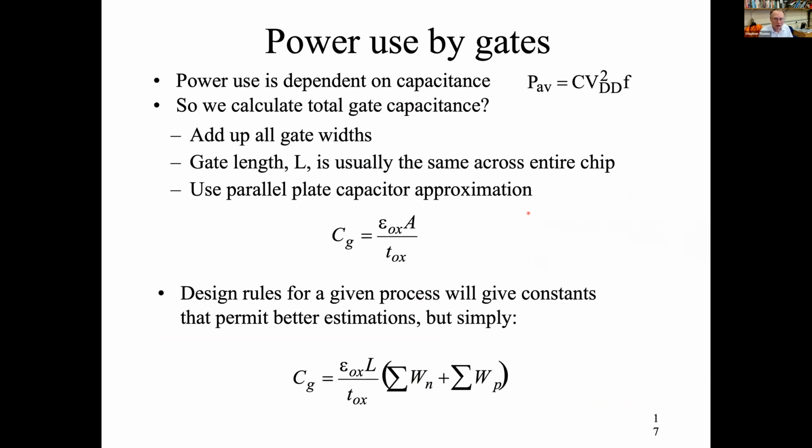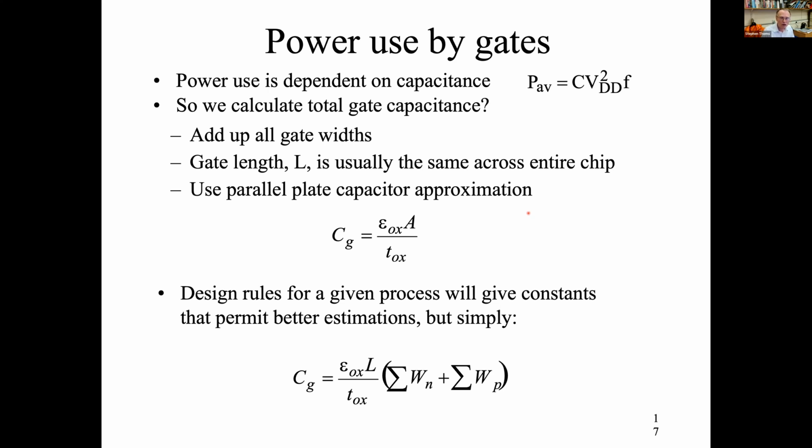So the power used by the gates, we've looked at this already a little bit, depends on the capacitance. So how do we work out this capacitance? Well, essentially, we need to add up all the gate lengths and widths. Well, the gate length is usually the same across the whole chip, so it's the different gate widths which are important here.